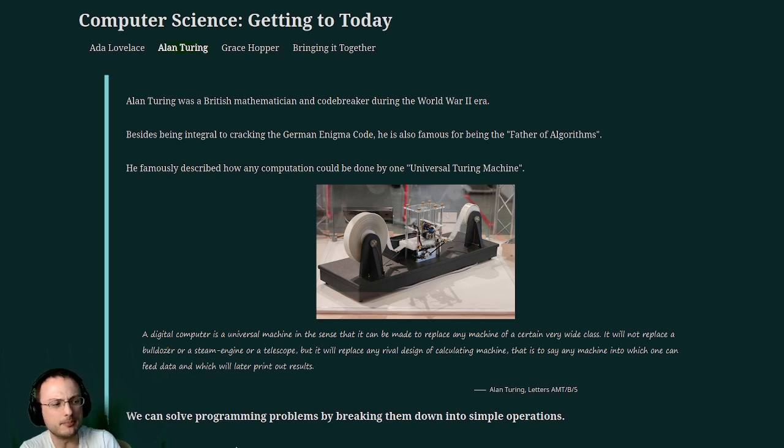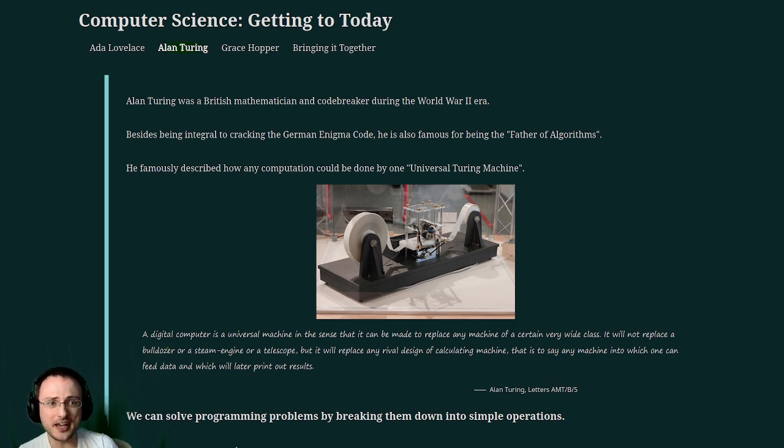It will not replace a bulldozer or a steam engine or a telescope, but it will replace any rival design of calculating machine. That is to say, any machine into which one can feed data and which later will print out results."